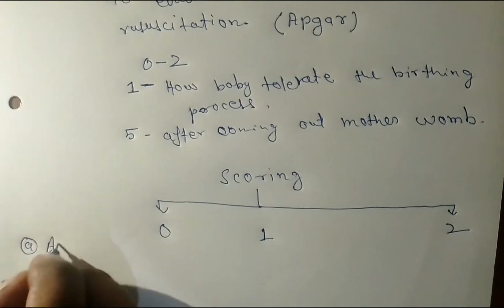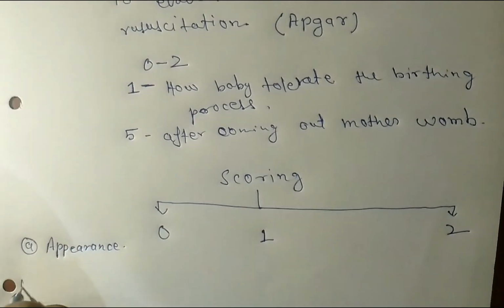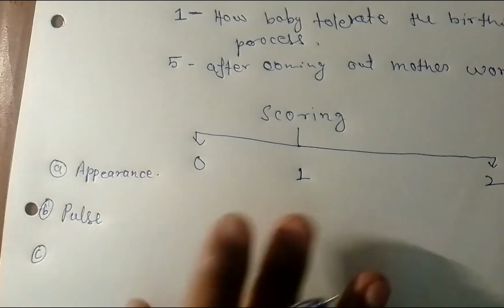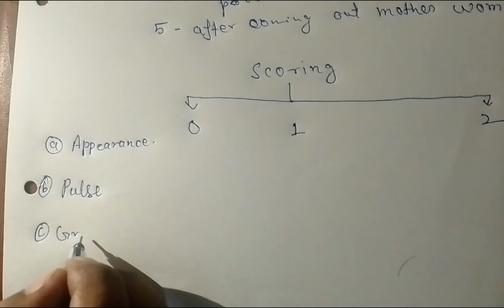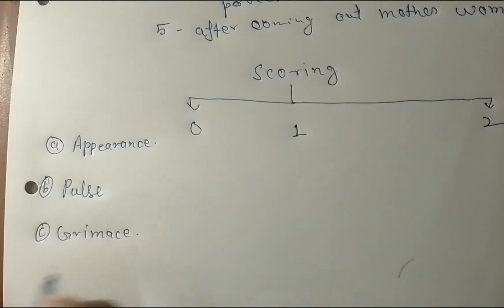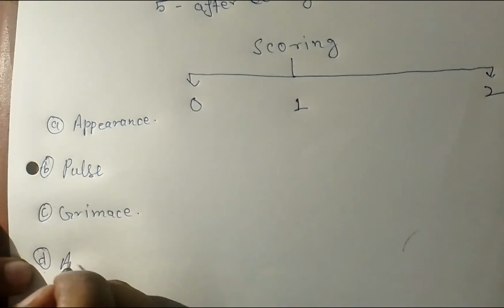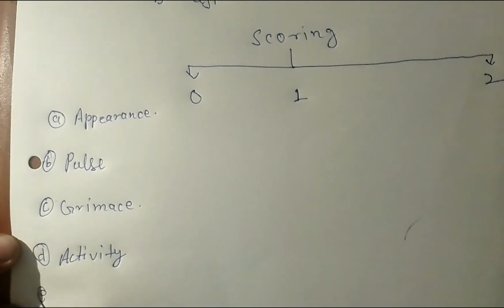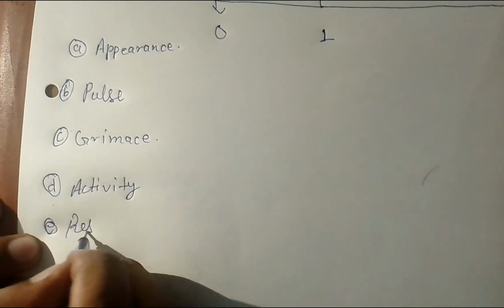First one is appearance, the second is pulse, the third one is grimace, and the fourth one is activity, and the fifth one, the last, is respiration.